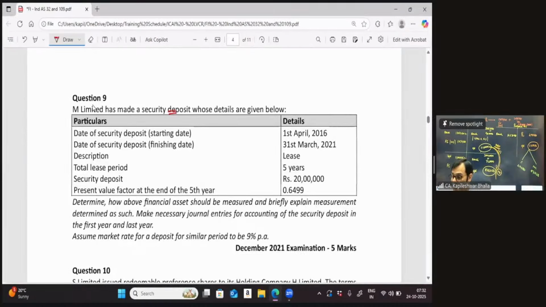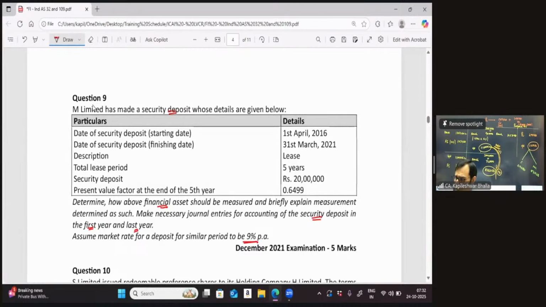I'd like to go to the requirement first: determine how the above financial asset should be measured and briefly explain the measurement determined as such. Make the necessary entries for accounting of the security deposit in the first year as well as in the last year. Assume that the market rate for a similar deposit is 9% per annum.